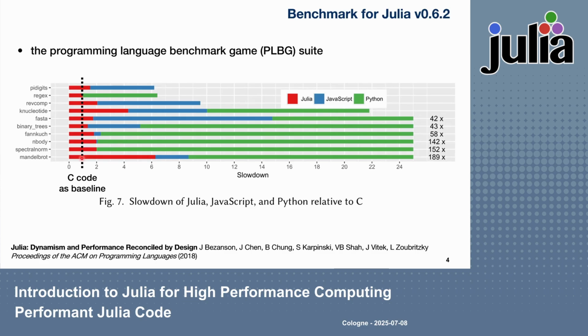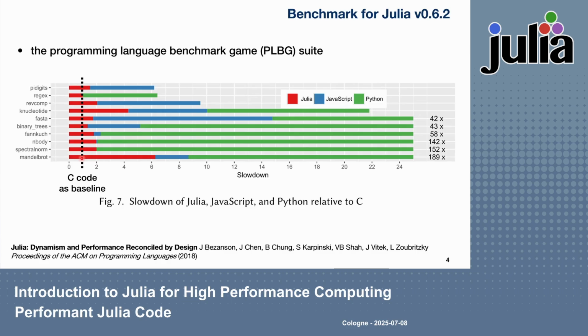So basically, if the performance of the Julia code is along this vertical line, this means Julia code is as fast as C code, right? Otherwise, Julia code is slightly slower. From the benchmark, it is clear that Julia code is, I don't know, 42 times, 189 times faster than JavaScript or Python.